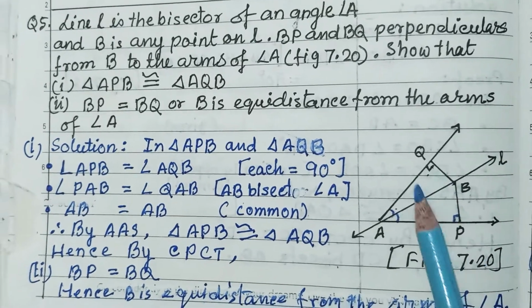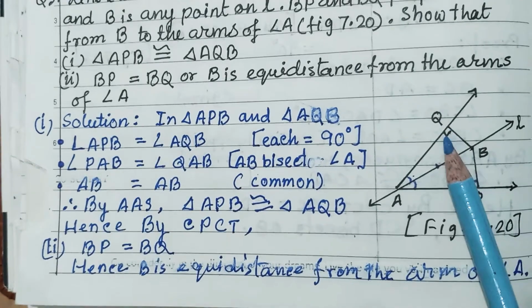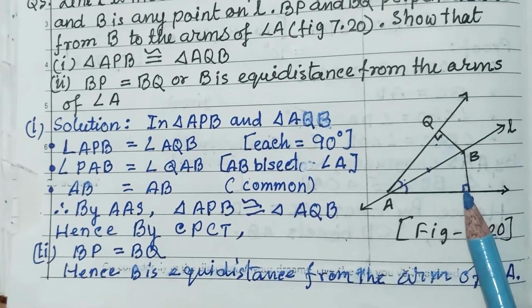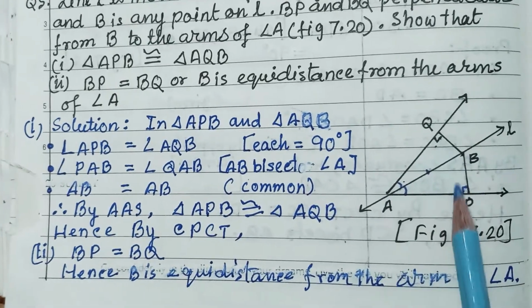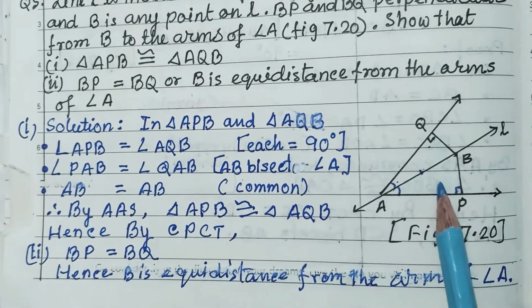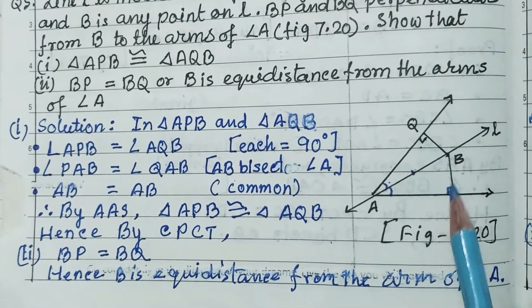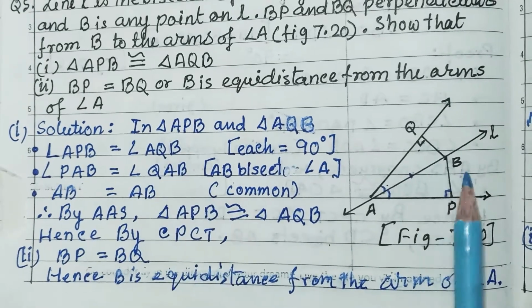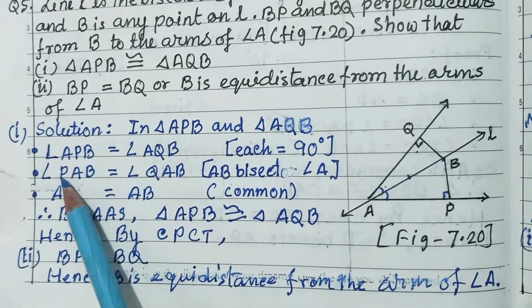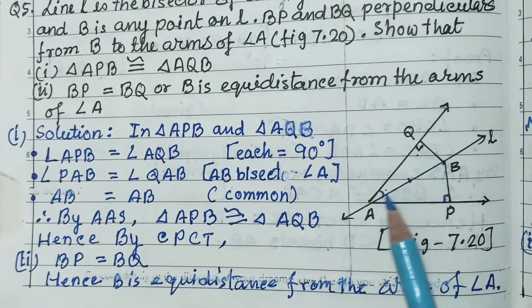Now in these two triangles, first, it is perpendicular, so angle Q is equal to angle P. First we have triangle APB, so its parts you have to tell first. So angle P is equal to angle Q. Next part is angle PAB, this angle.